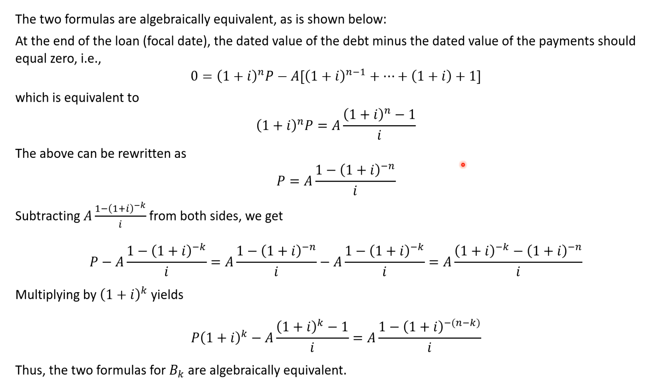So let's show that the two formulas are equivalent. At the end of the loan, the focal date that we'll use here, the dated value of the debt, this quantity here, minus the dated value of the payments, this quantity here, should equal 0, right?